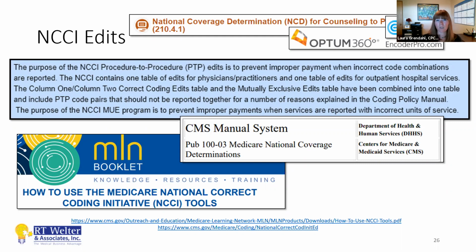So these are really great tools to help you. Again, this MLN interactive correct coding tool is fantastic. It's free, it's there for you, and it's free of charge, which we all like, right?